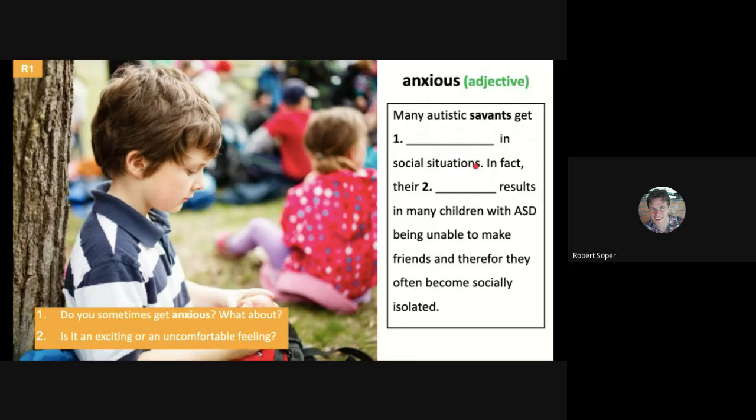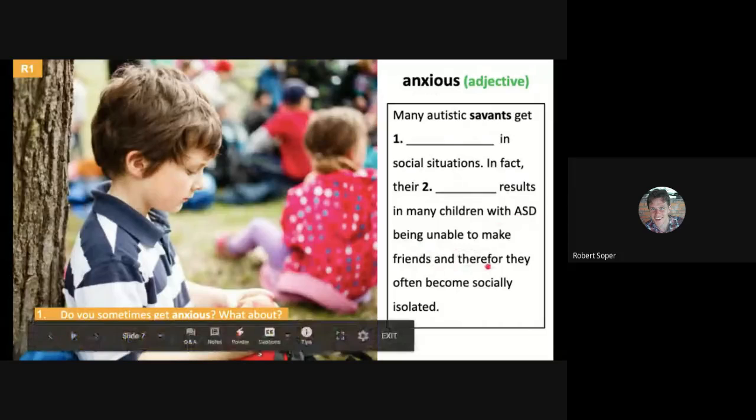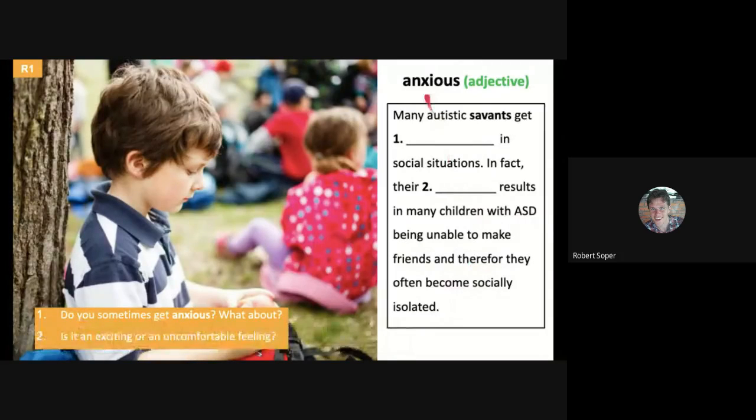In something results in many children with ASD being unable to make friends, and therefore they often become socially isolated. Therefore is spelled incorrectly. The correct word here, in fact, their anxiety results in many children with ASD being unable to make friends.